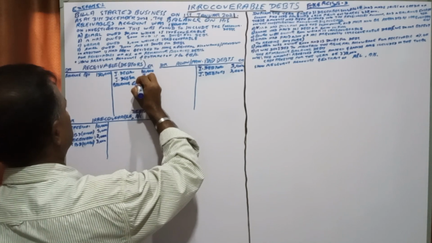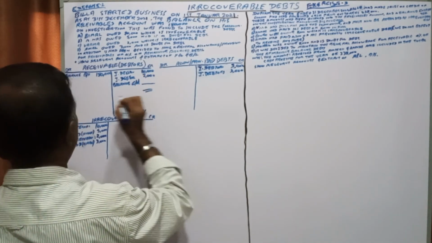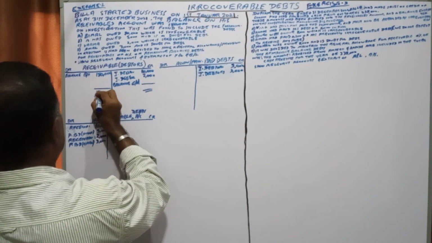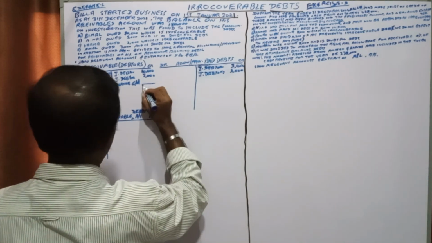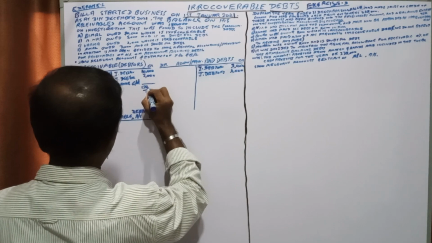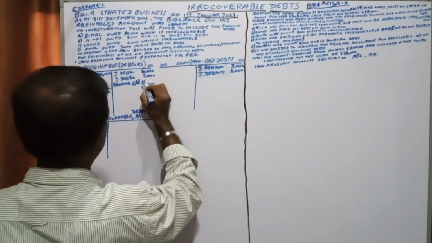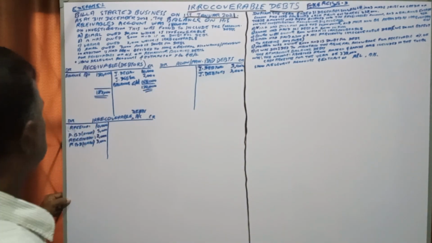Here the total is 180,000, minus 12,000, that is 168,000.